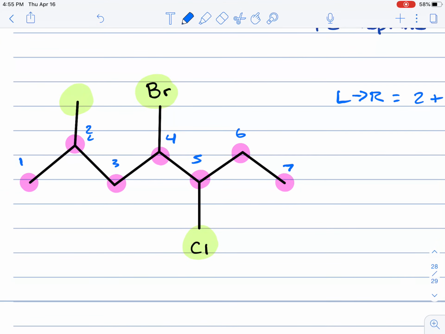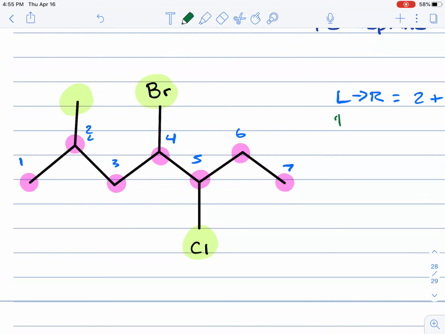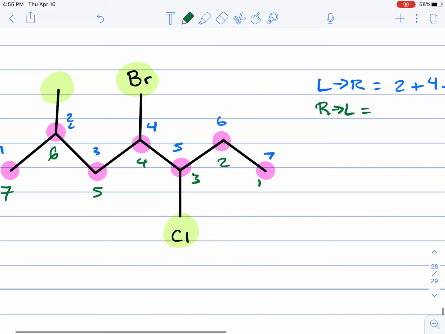All right, so let's go from right to left. Here I have 1, 2, 3, 4, 5, 6, and 7. It looks like on the third carbon, I have a substituent. On the fourth carbon, I have another substituent.